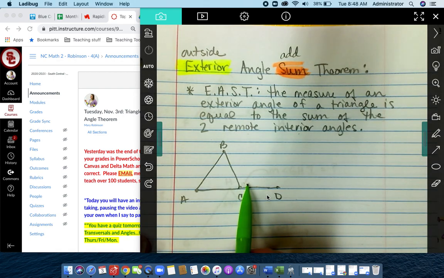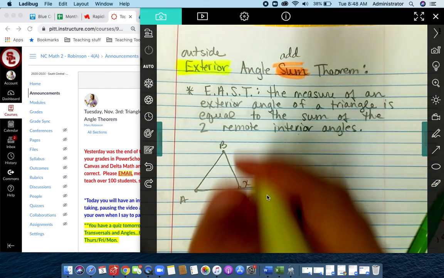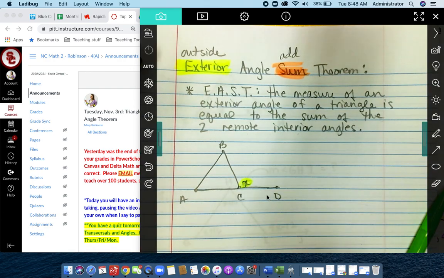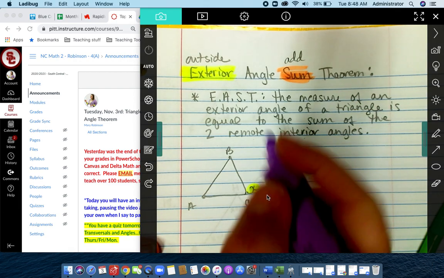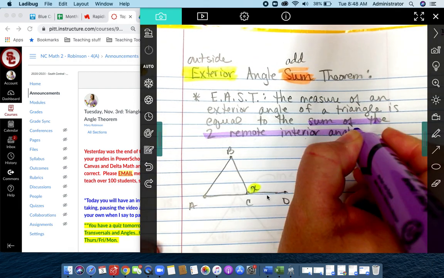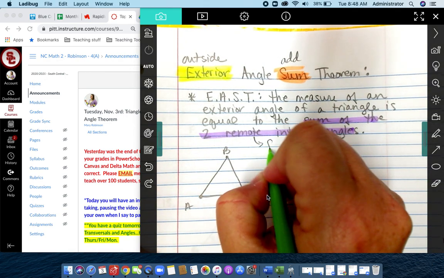Then the measure of this exterior angle, I'm going to call this X, and I'm going to use the same color as the notes here to represent exterior. The measure of this angle will be equal to the sum of the two remote interior. So I want you to think remote means far away.